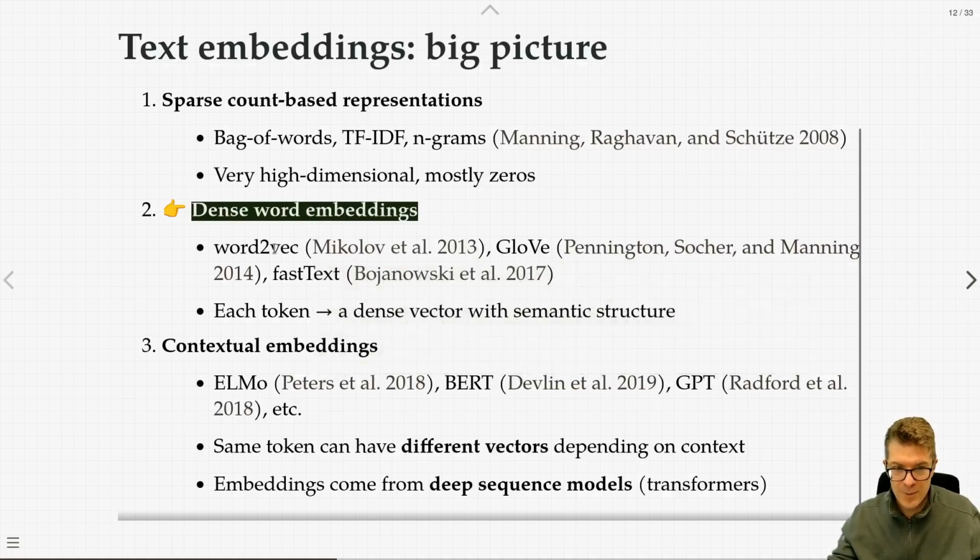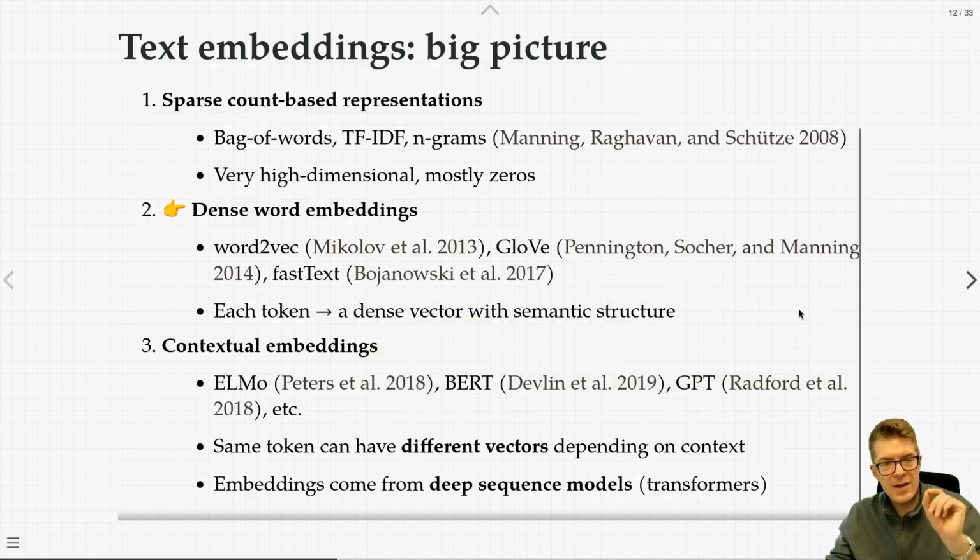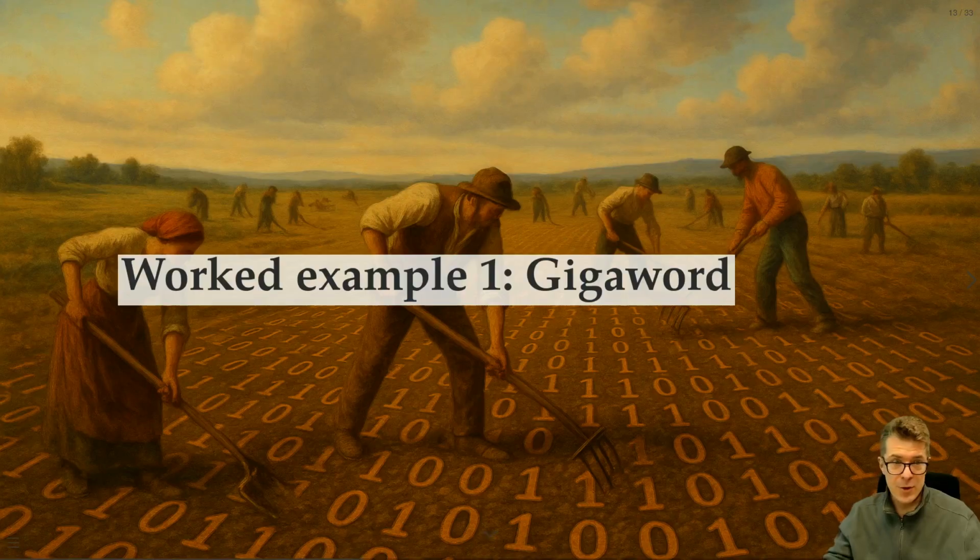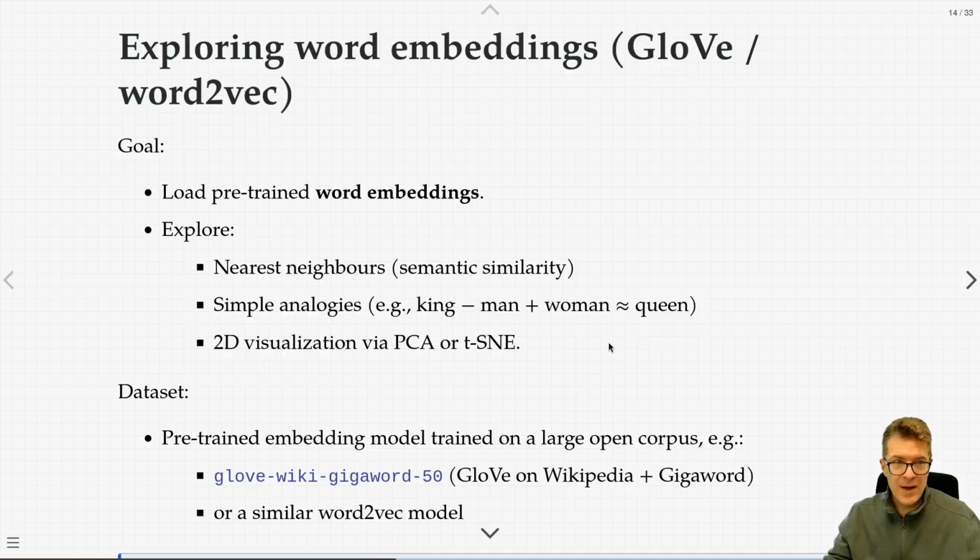That's for later, but for right now we're going to talk about dense word embeddings just to get us on board. There are lots of good examples of this. Word2Vec, GloVe, and fastText were among the most popular in the mid-2010s, in which every token, every word type, is a very densely packed vector with a lot of semantic structure and syntax, which we won't talk about too much because this is not a natural language processing course. Let's see some examples. Let's go to GigaWord.